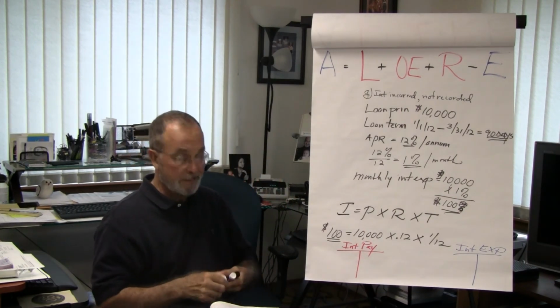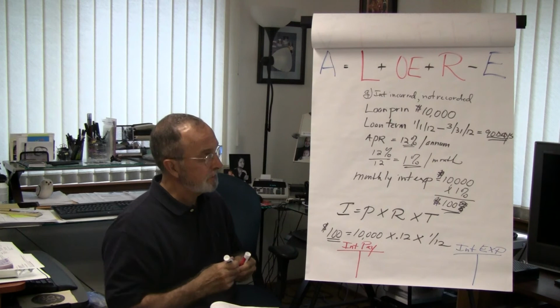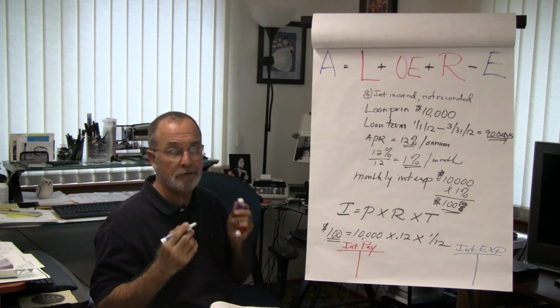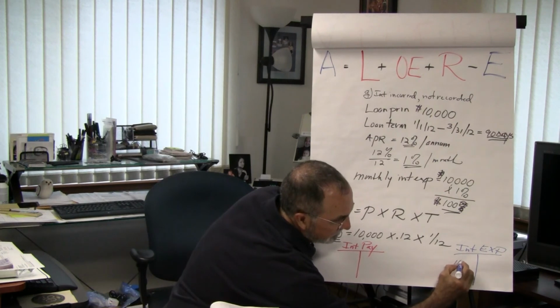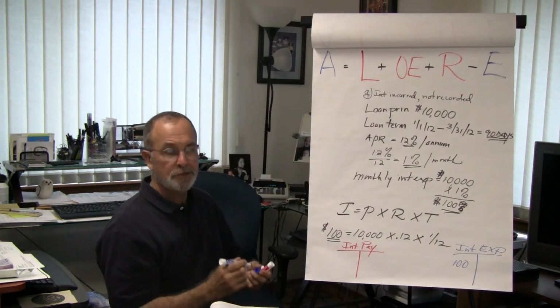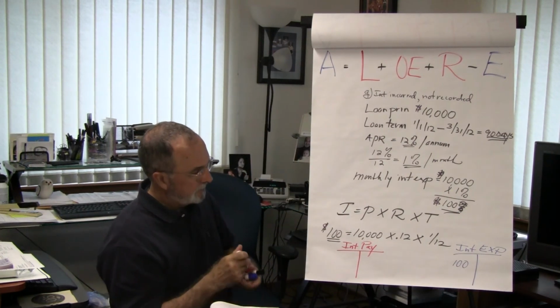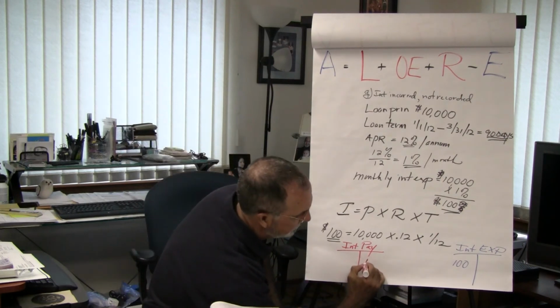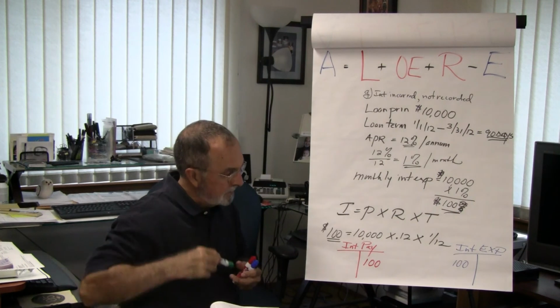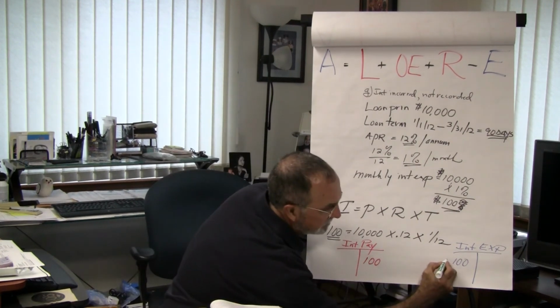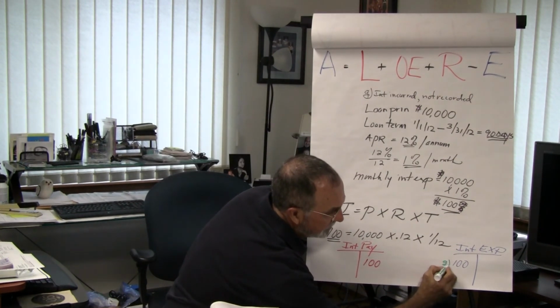And so, as you might guess, our adjusting entry for the first month of interest on this loan would be a debit to interest expense and a credit to interest payable. And again, this is for adjustment G in the textbook.